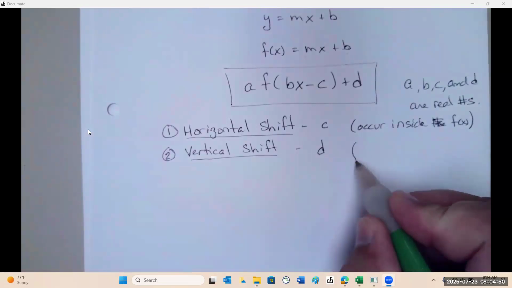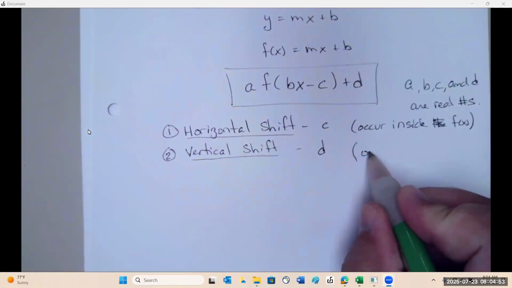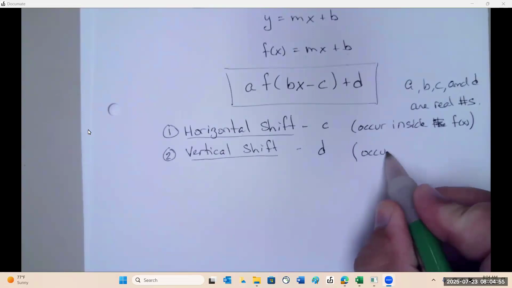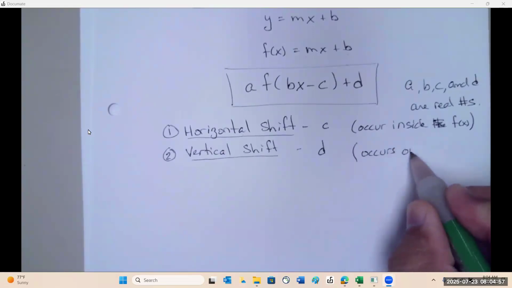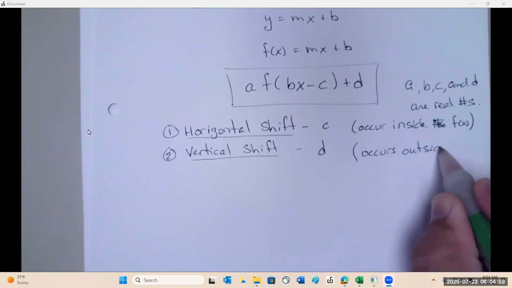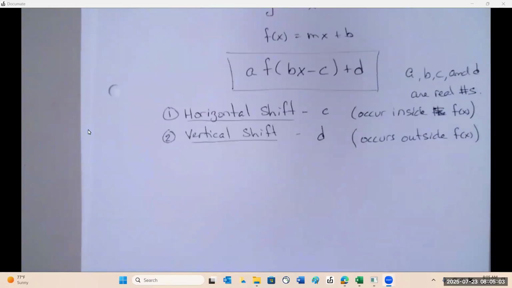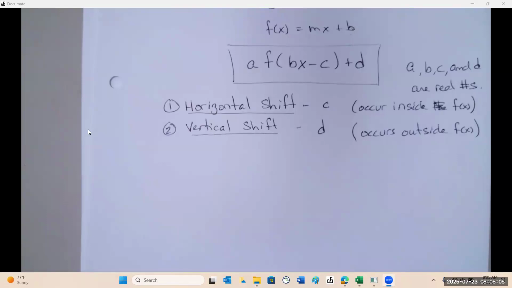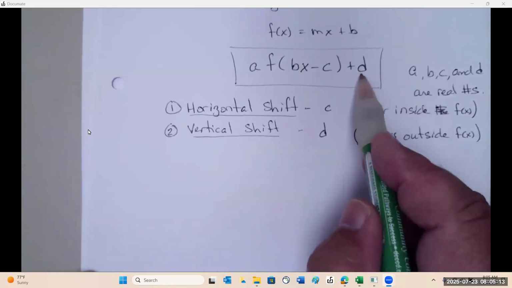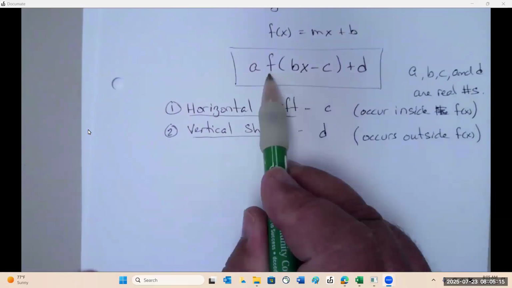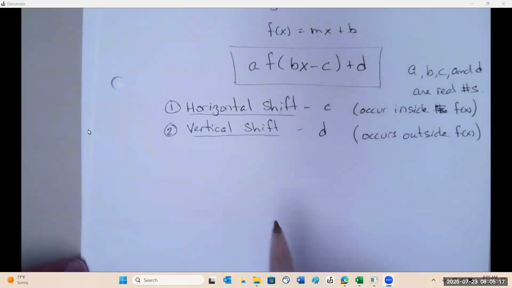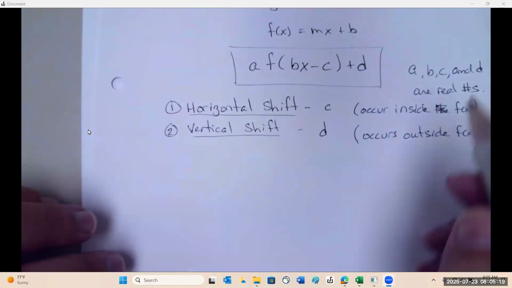If it's a vertical shift, it occurs outside the function, because the vertical shift affects the y values, the answers. That's why it's outside the function. I get a value for x. Remember, I'll define this in a second. Well, I'll do that now.